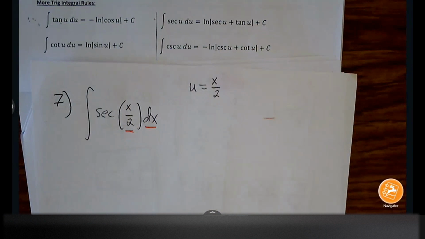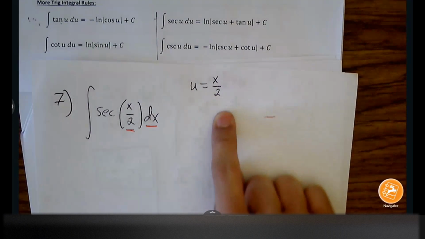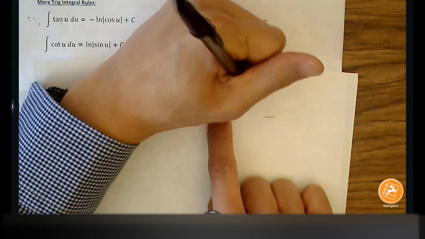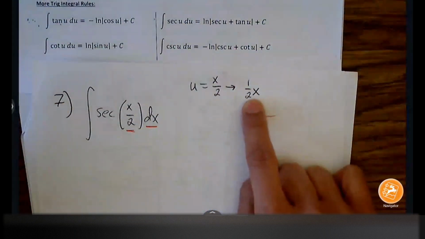Hey, what's the derivative of x over 2? One half. Yeah. So maybe it's easier to rewrite this as 1/2 x. If you do, it's a little bit easier to spot that derivative is just going to be 1/2.